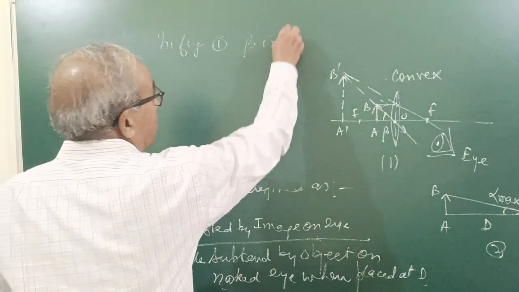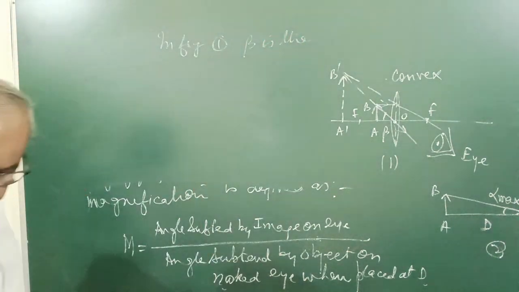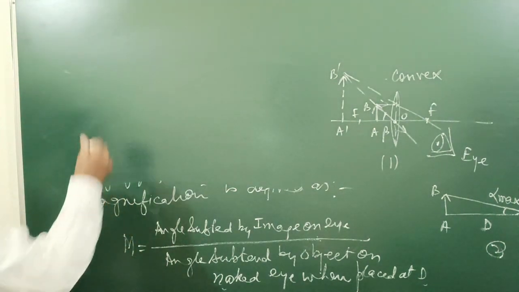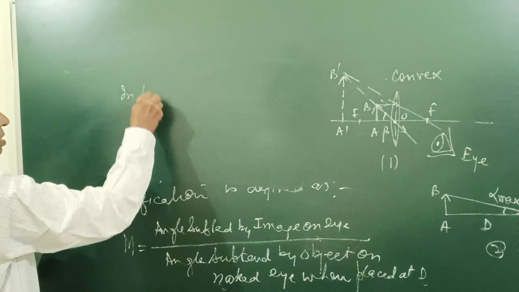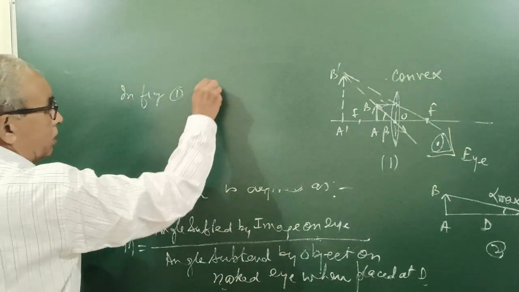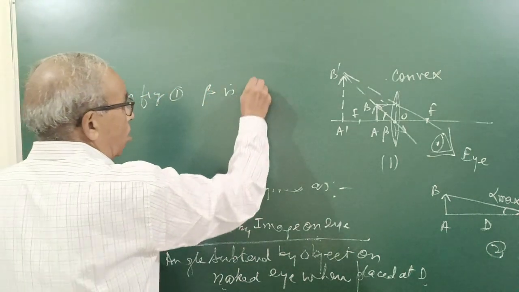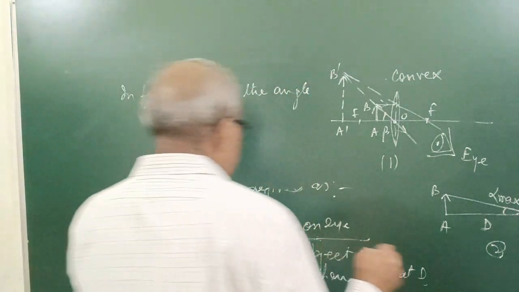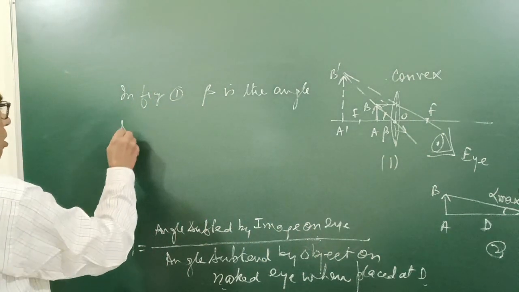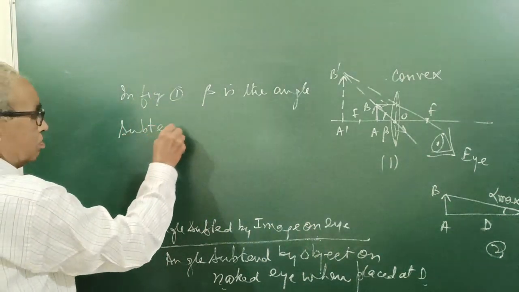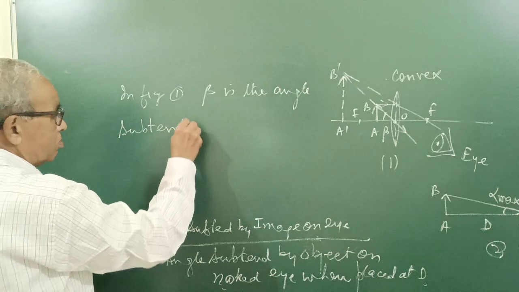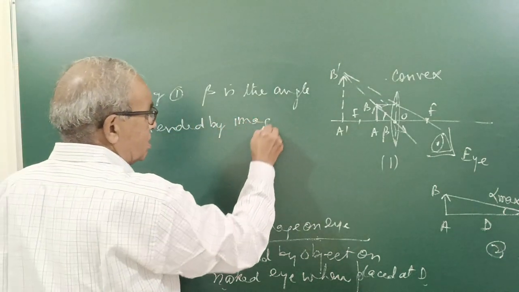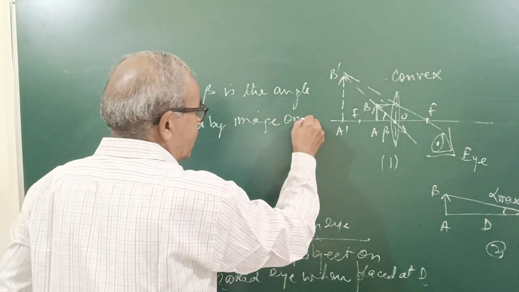So, in figure 1, beta is the angle subtended by the image on the eye.